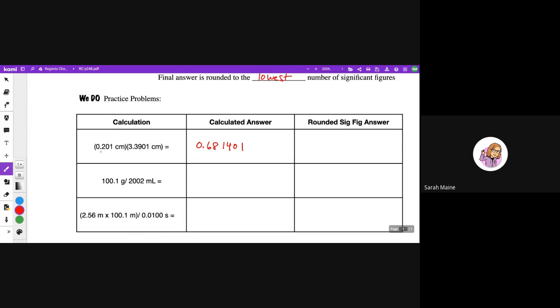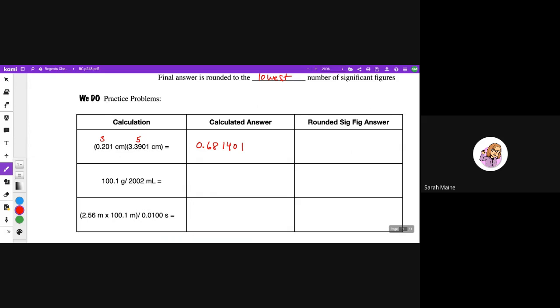The measurement of 0.201 has 3 sig figs, whereas the other measurement has a total of 1, 2, 3, 4, 5 significant figures. So our final answer can only be as precise and accurate as our measurement with the least number of significant figures.